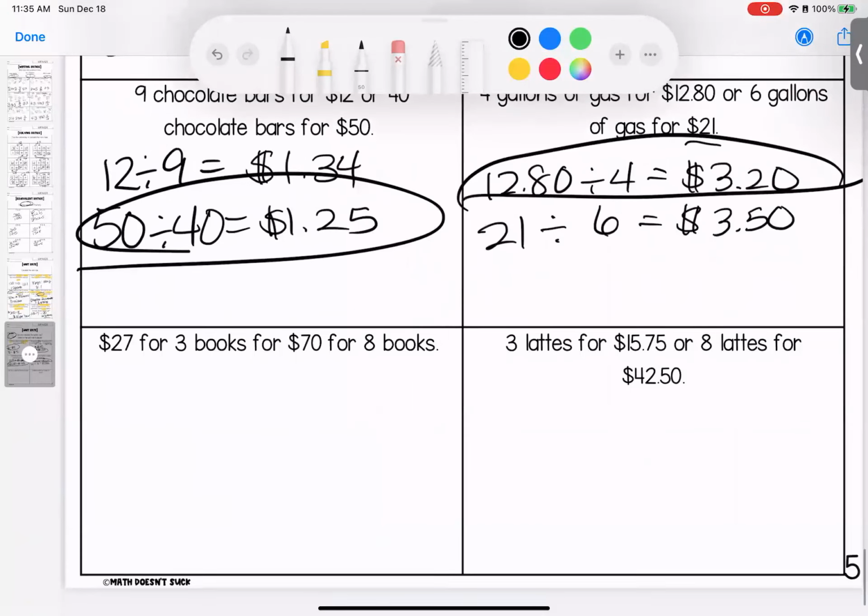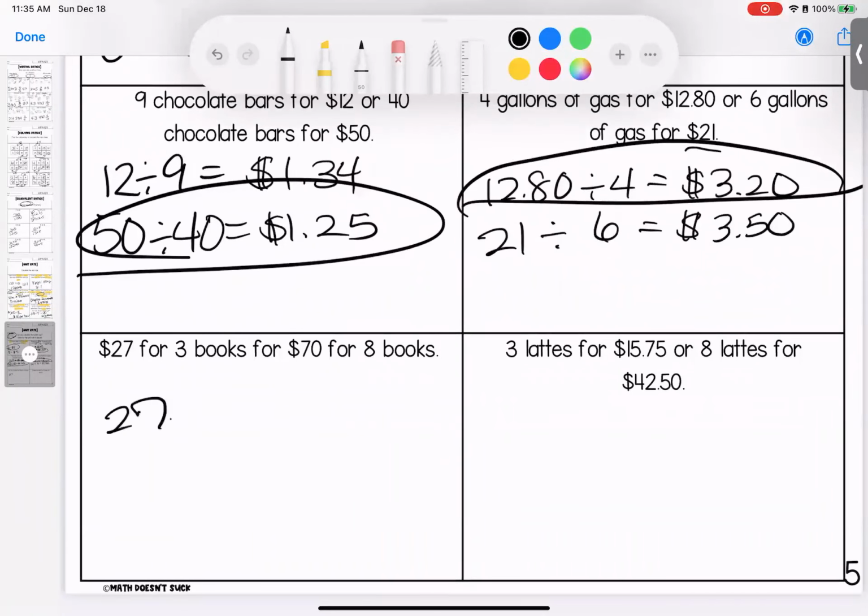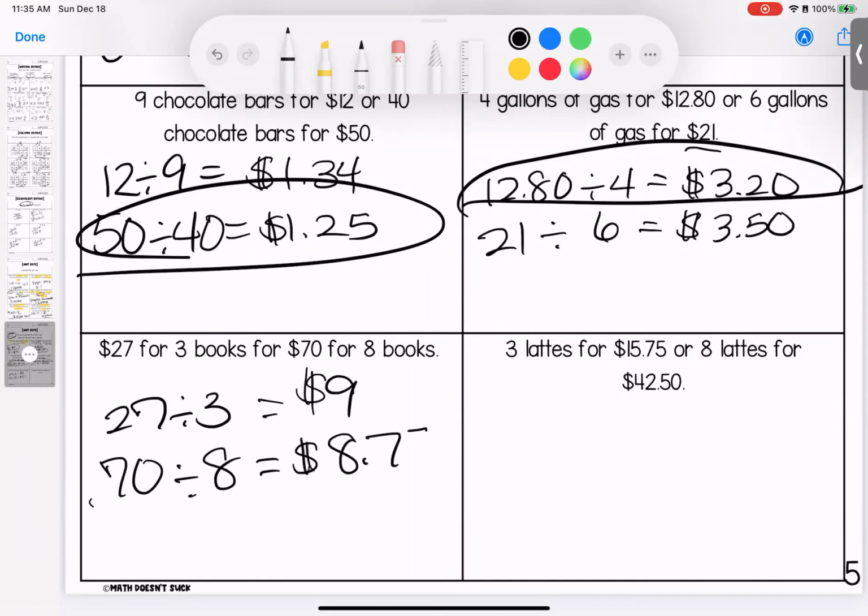Down here, we have 3 books for $27 and $70 for 8 books. So if we figure out the cost of each book here is going to be $9. And each book here is going to be $8.75. So the 8-book price is going to be the better buy.